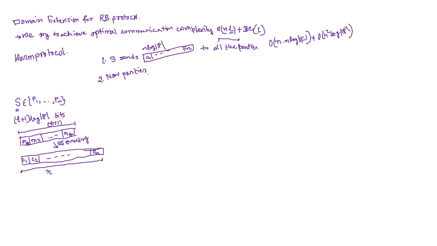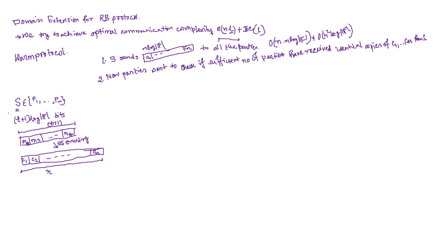And in the second round now, parties want to check if a sufficient number of parties have received identical copies of C1 to Cn from S basically.